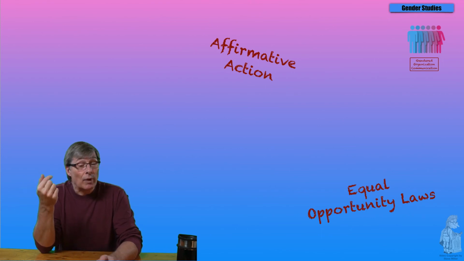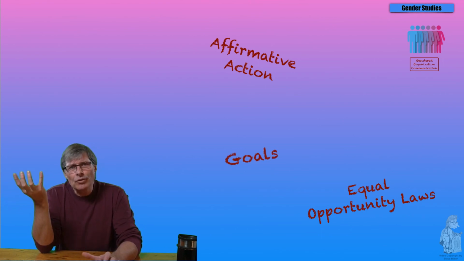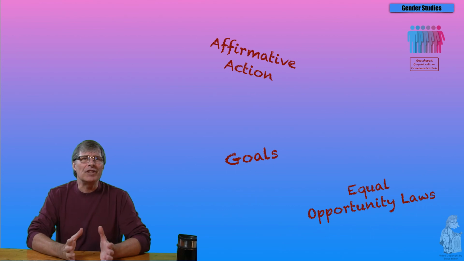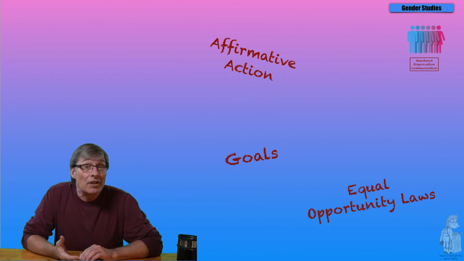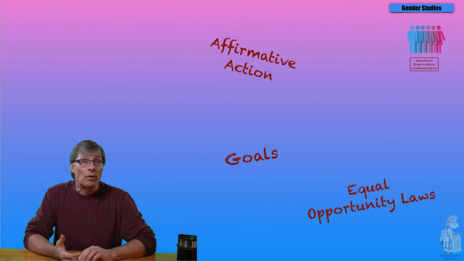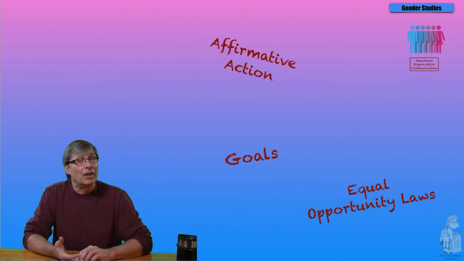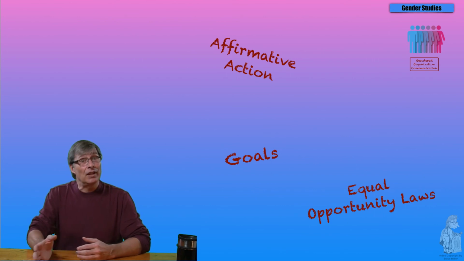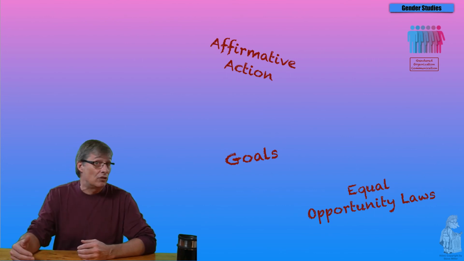We can look also at goals. Now, goals are funny, but we'll go with this one. Goals consist of an institution's stated intention to achieve representation of minorities or women. There are no penalties for failing to meet the goal. Goals and quotas may work against women and minorities because there's no expectation that if you set a goal, you actually need to achieve it.